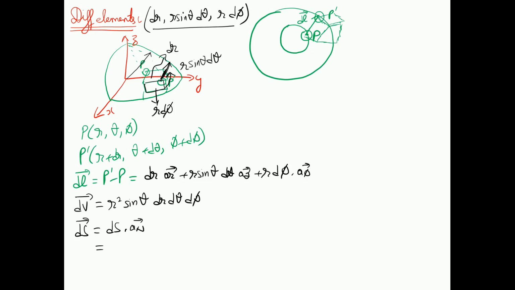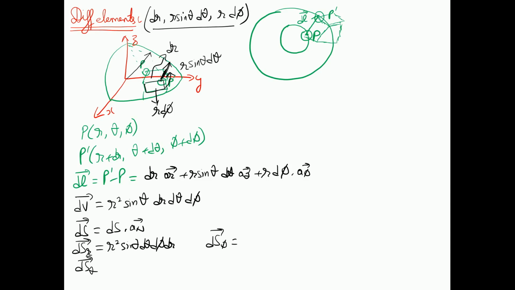The differential surface comes out to be ds dot product with a unit vector. So ds in r, ds in theta, and ds in phi. So it comes out to be r square sine theta d theta d phi into dr. This is the differential area for radius r.